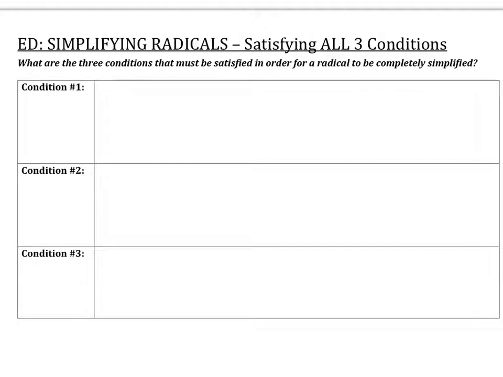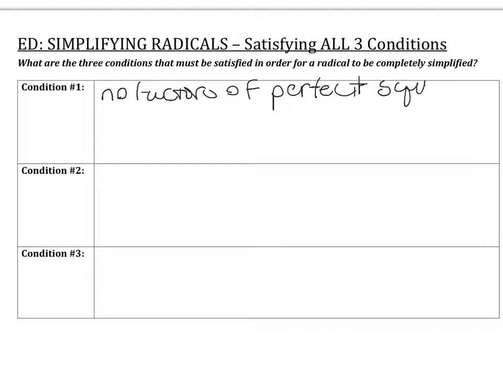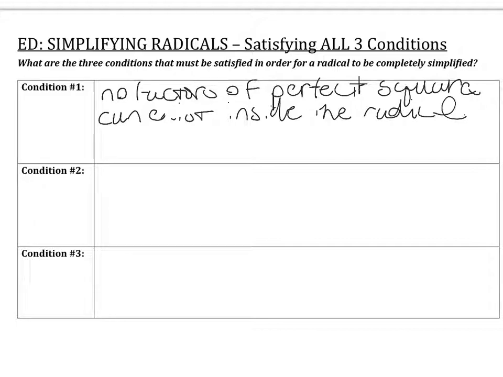So I'm just going to shorten it and say no factors of perfect squares can exist inside the radical. So that says no factors of perfect squares can exist inside the radical.